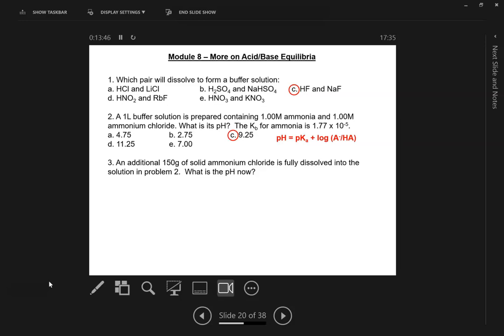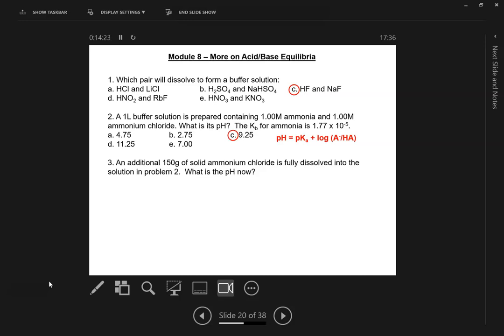Number 3, an additional 150 grams of solid ammonium chloride is fully dissolved into the solution in problem 2. What's the pH? Okay, we've got to find the molar mass of ammonium chloride, which would be NH4Cl, and that's 53 grams per mole. So 150 divided by 53, that's 2.83 molar. So now we use the Henderson-Hasselbalch equation, and we say pH is pKa, or pKb in this case, which we know.